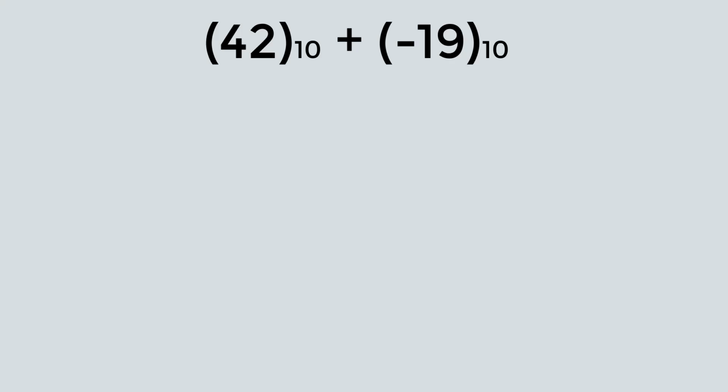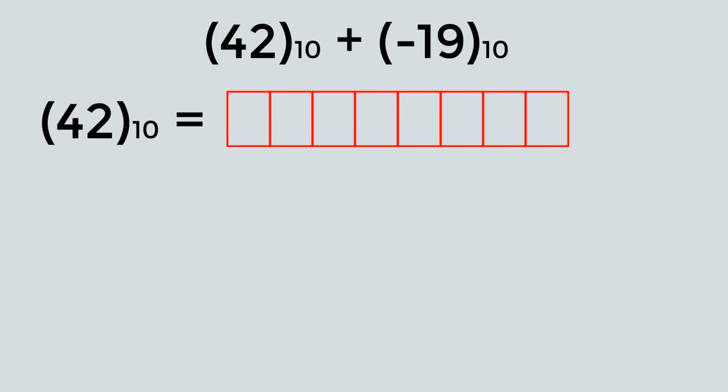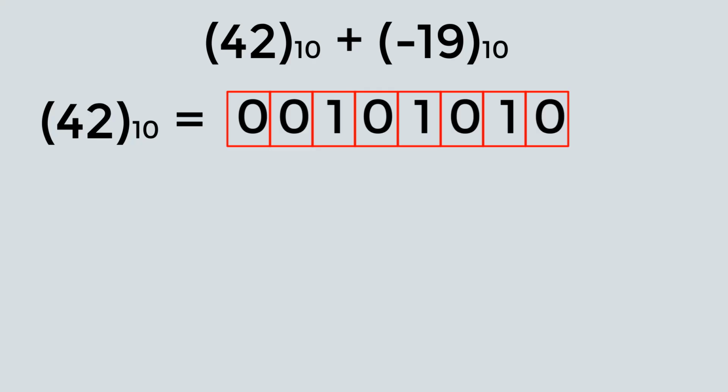Now let's look at addition. Suppose we want to calculate 42 plus negative 19 using 8-bit 1's complement. First, represent positive 42. 42 is equal to 0, 0, 1, 0, 1, 0, 1, 0. Now represent negative 19.